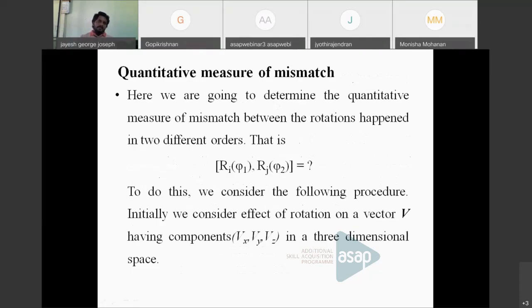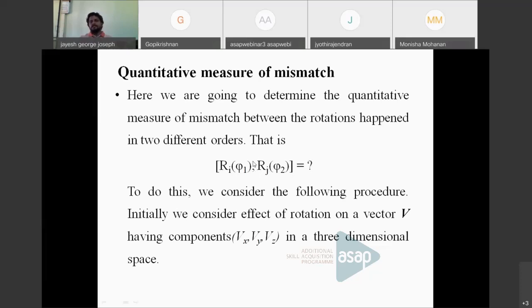Now we are going to discuss a quantitative measurement of the mismatch, that is, determine a quantitative measure of the mismatch between the rotations performed in different orders. That is, [Ri(phi1), Rj(phi2)] is equal to what?